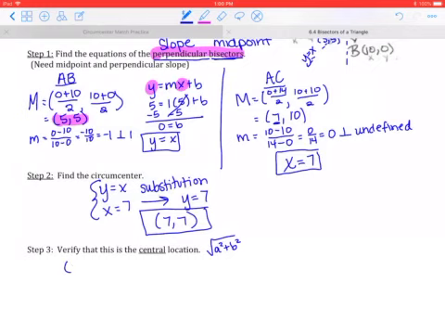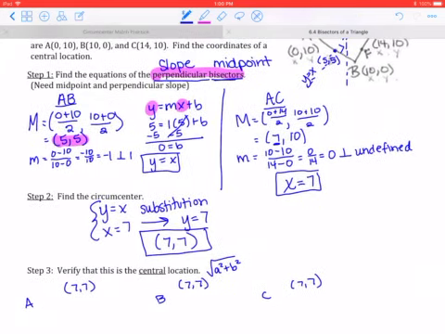So what I'm going to do is take this point, 7, 7, and look at how far it is from A, B, and C. So for each one, I use the circumcenter point, 7, 7, and then I'm going to use the coordinates of those points. So let's get those written down real quick.